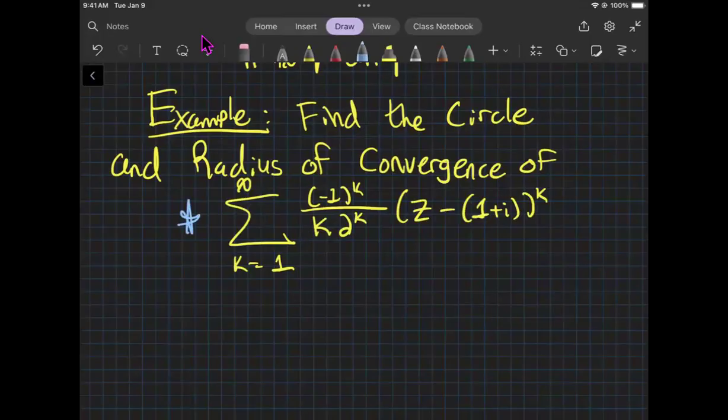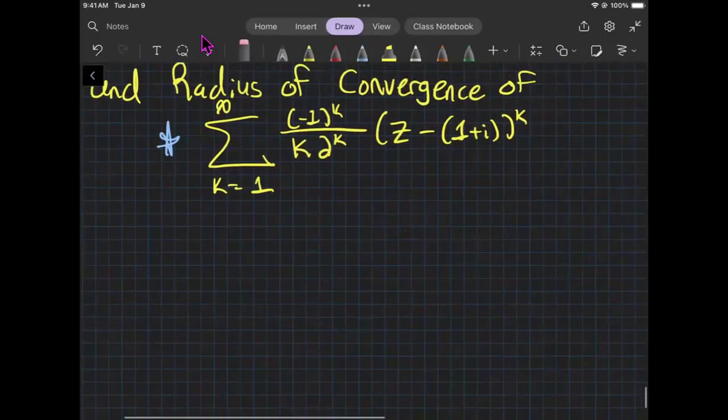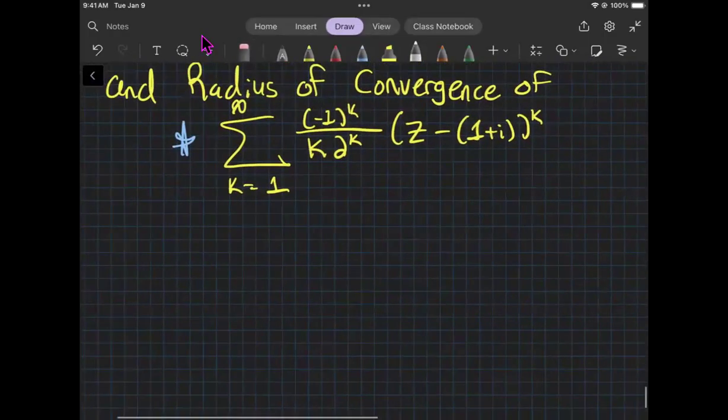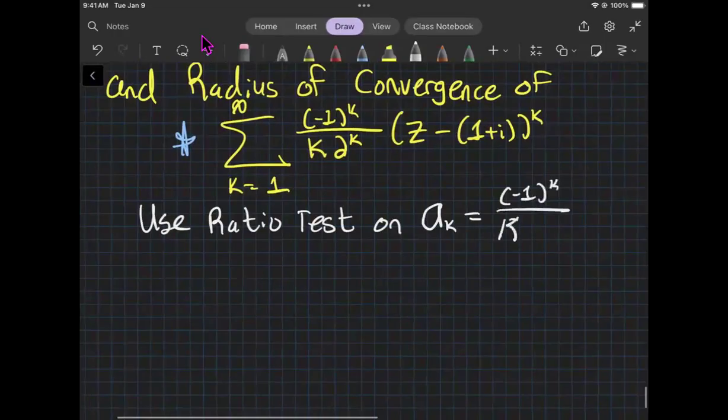So hopefully you have worked on this example. Figuring out the circle and radius of convergence implies that this series converges at some points in the complex plane, right? So to show the circle and radius of convergence, we want to use the ratio test on the a sub k terms, which in this case is -1 to the k divided by k times 2 to the k.